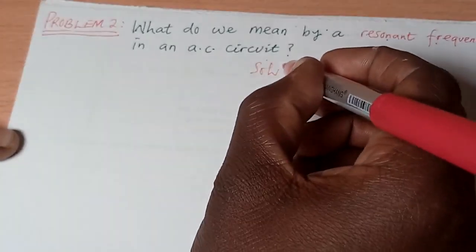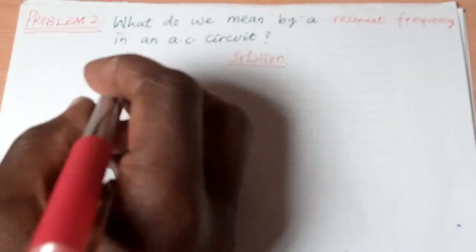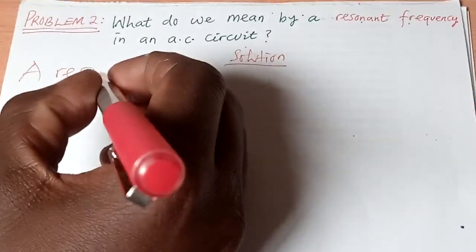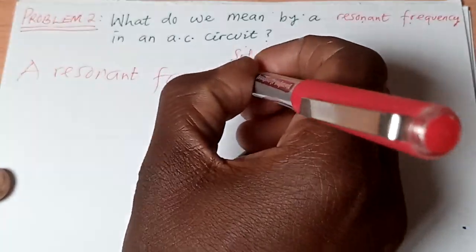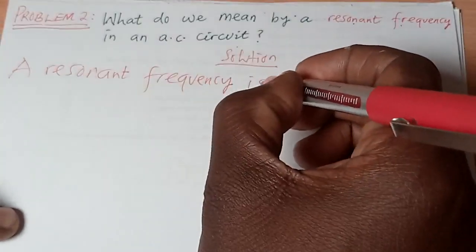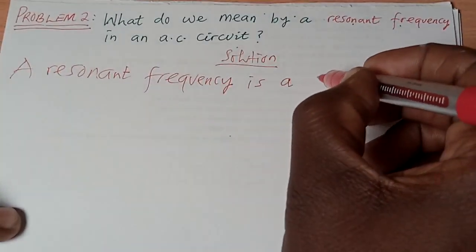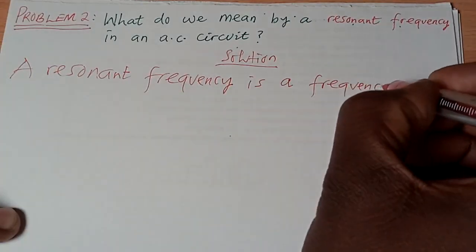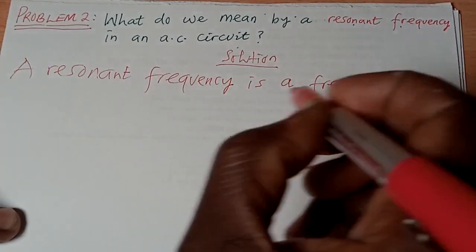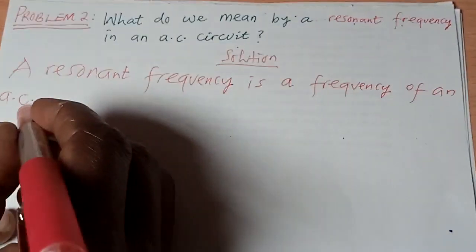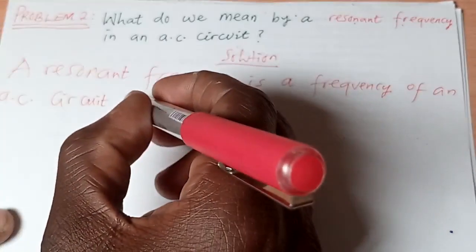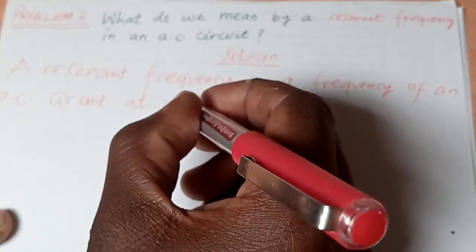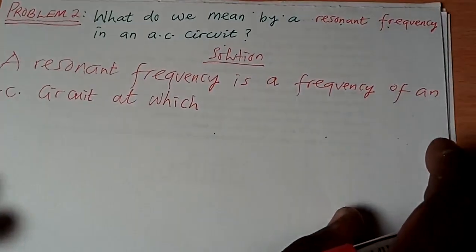We say, solution. A resonant frequency is a frequency of an AC, meaning alternating current, circuit at which, meaning at this resonant frequency, now you begin to mention the points.